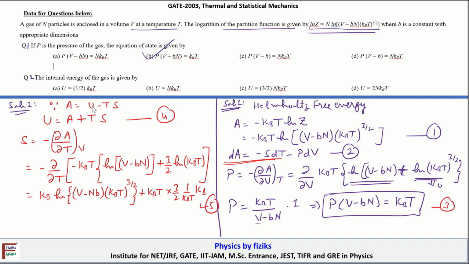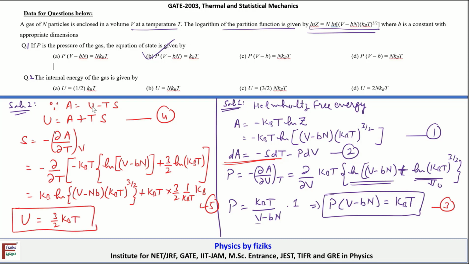Okay, so for equations 4 and 5, what we are going to do is substitute the values of A and S in equation 4, so then we will obtain the corresponding value of U. By simply substituting the values of A and S in equation 4, we obtain that U turns out to be equal to 3/2 kB T. The rest of the terms will cancel with each other.